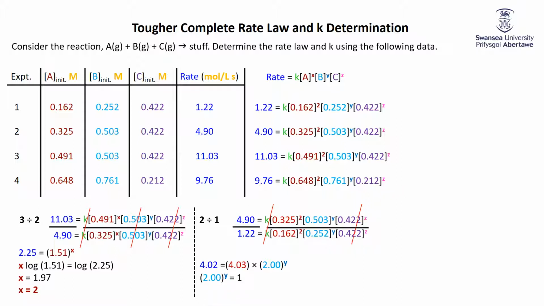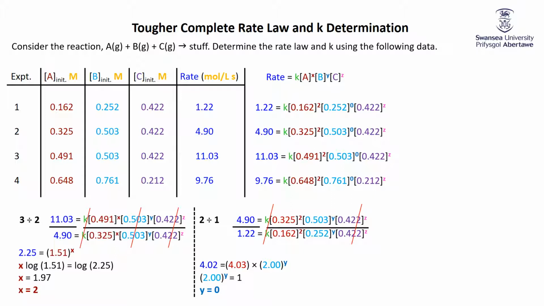So 2 to the power of y is 1. How do we get 1? By raising 2 to a power. y must be 0. So now everywhere we see y, we can put 0, or of course everything raised to the power of 0 is 1, so we can actually ignore everything to do with B. B does not appear in the rate law.